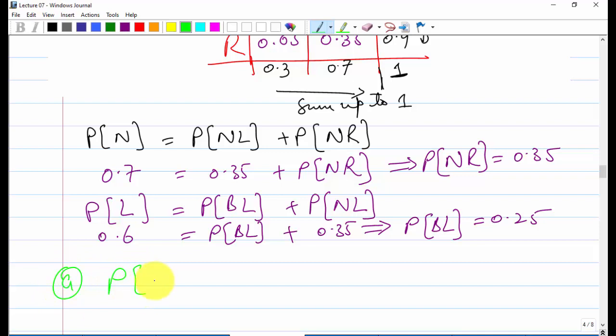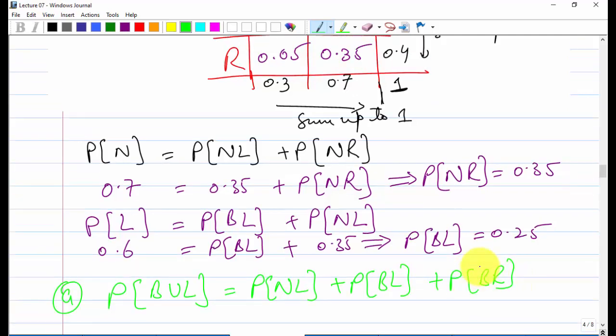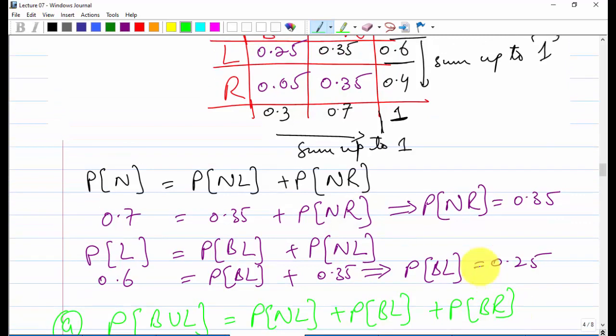So probability of B union L. So this is obviously probability of NL, because we have to take the union, so they all will come here, BR. This we can see from the table clearly, that probability of B, which is this one, and probability of L, which is this one.